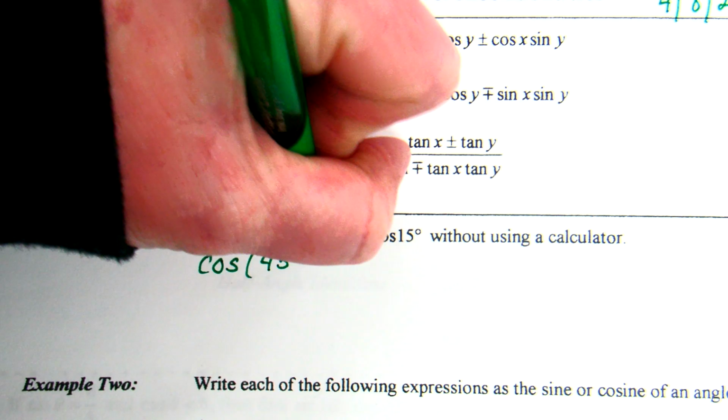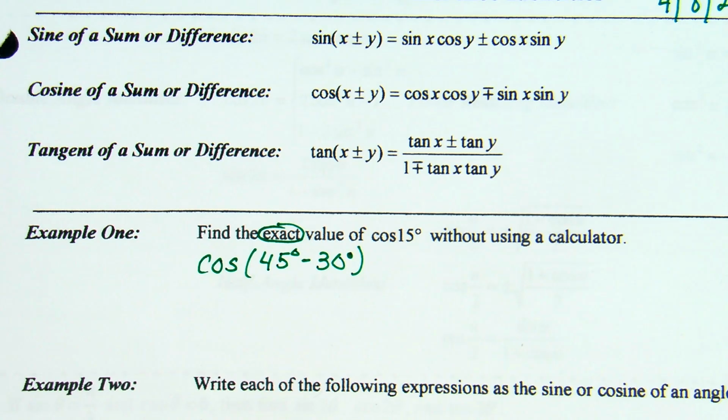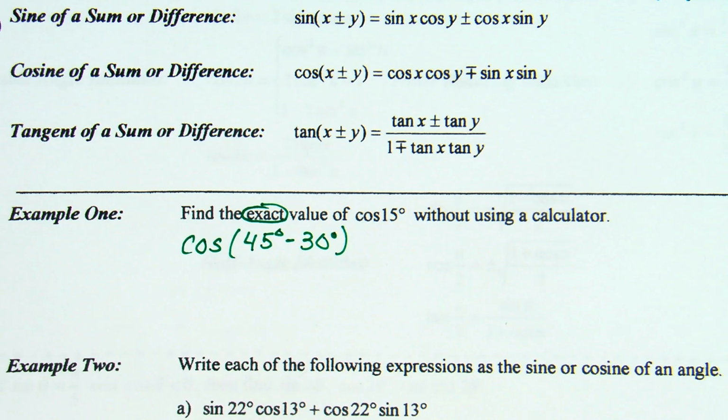What I'm going to do is rewrite this. Cosine of 15 degrees is equivalent to saying cosine of 45 degrees minus 30 degrees. Can you agree that's equivalent? I haven't changed anything, have I? I just rewrote 15 as 45 minus 30.